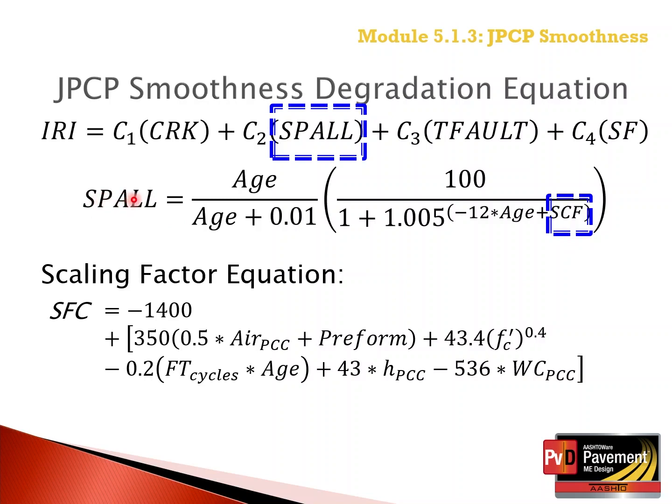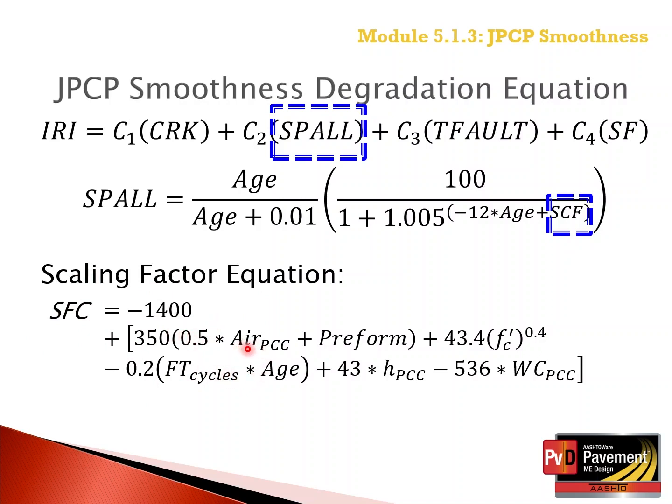So the spalling equation includes the age in the exponent, and then a scaling factor equation to determine the coefficients of spalling. The scaling factor equation is simply the regression equation shown on the slide.